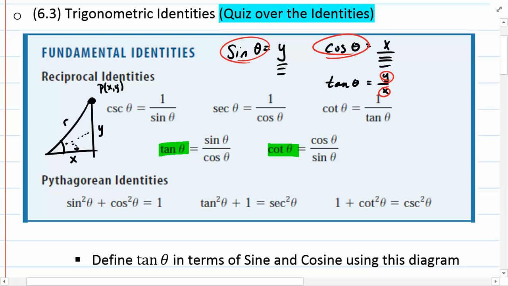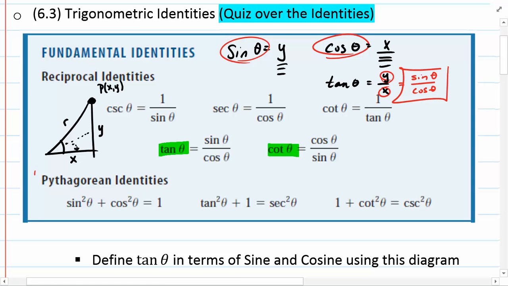So tangent of theta is not just y divided by x, but it can also be seen as sine of theta divided by cosine of theta. And that's a new identity, called the reciprocal identities between tangent and cotangent equivalently. Now, these are fundamental identities or reciprocal identities by definition.